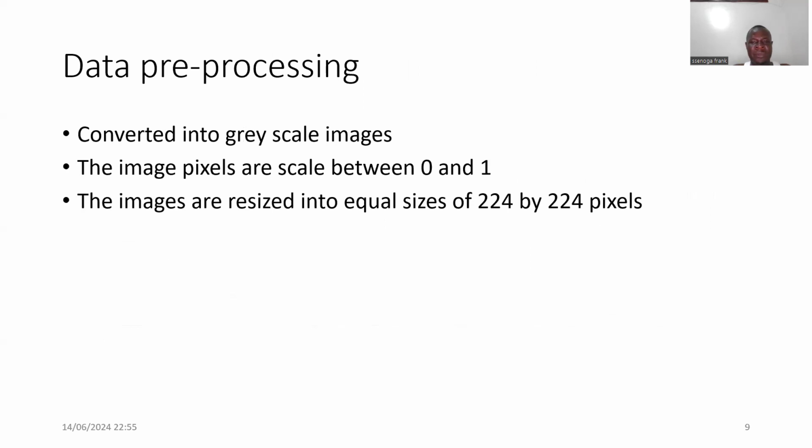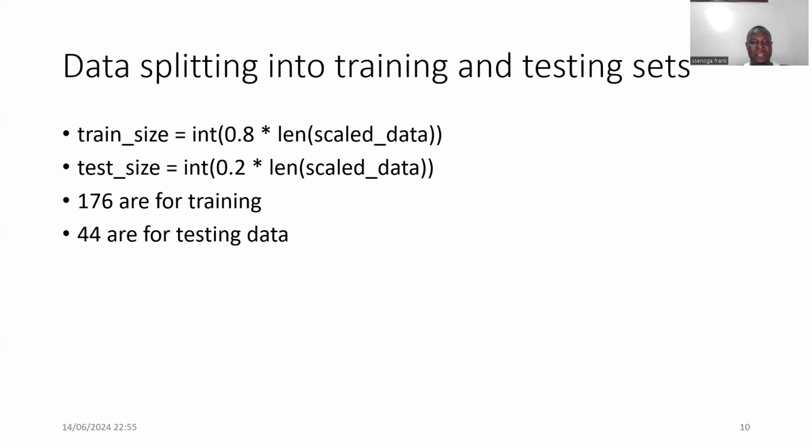So, data pre-processing. I converted the images to grayscale images. Then I did min-max scaling of the pixels, such that the pixels are in the range of 0 to 1, and then resized all the images such that they all have a uniform size of 224 by 224 pixels.